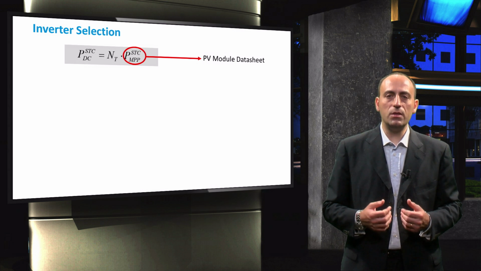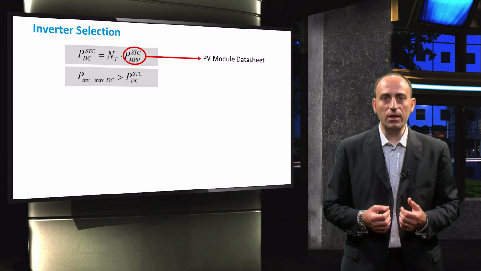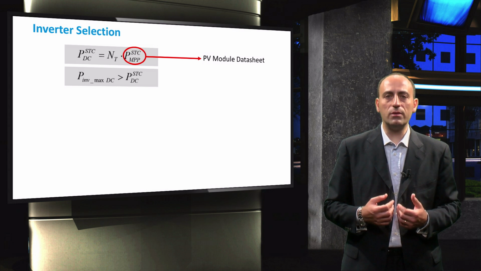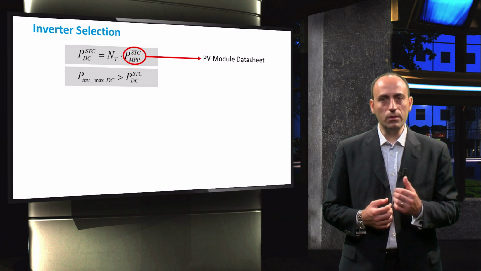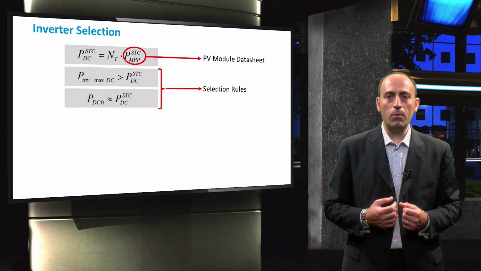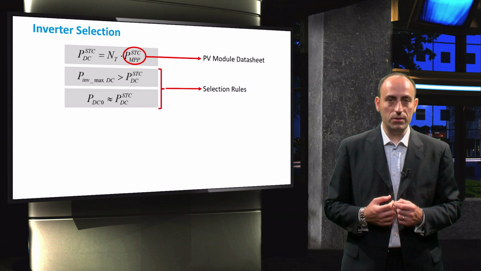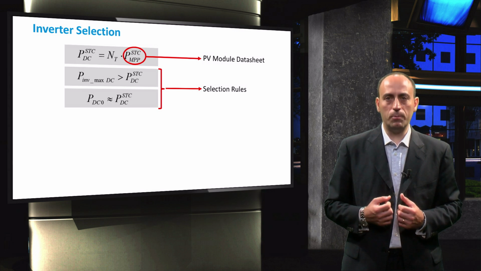The maximum DC power output of the modules should not exceed the maximum allowed DC input of the inverter. The first selection criterion of the inverter is therefore that the output of the PV modules is within the operational range of the inverter. The second inverter criterion considers the nominal DC power of the inverter, PDC0, which should approximately be equal to the PV output power.